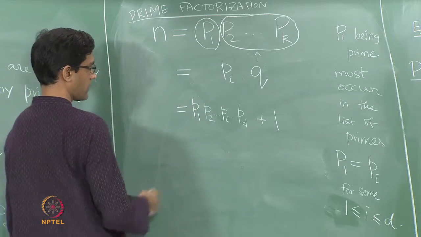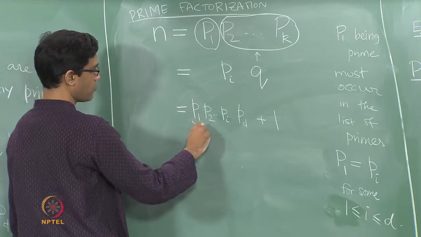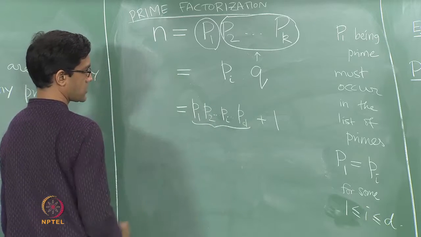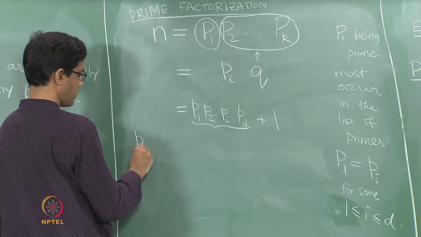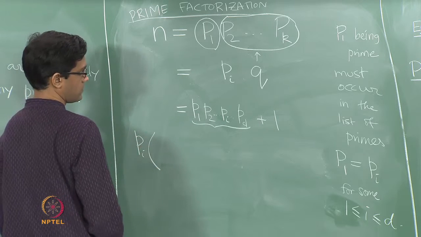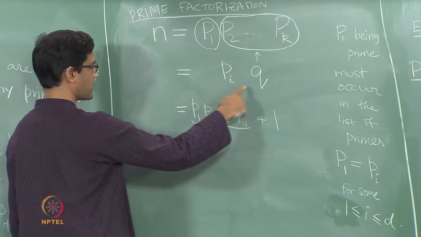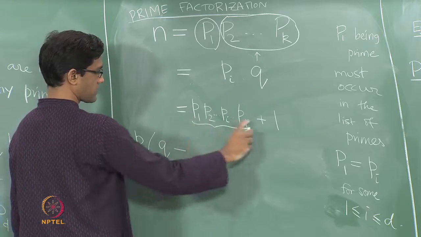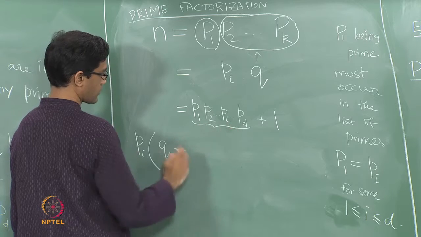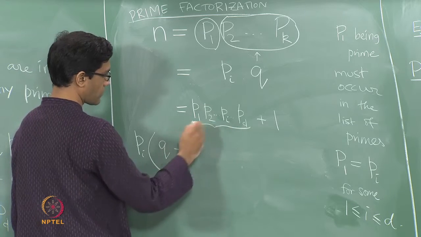Why is that? To see it, we'll move all these terms over to the left hand side. This equality provides us the following equivalent reformulation: Pi times Q, keeping the Q as it is, minus this term moved over to the left, and I'm pulling out a Pi common.